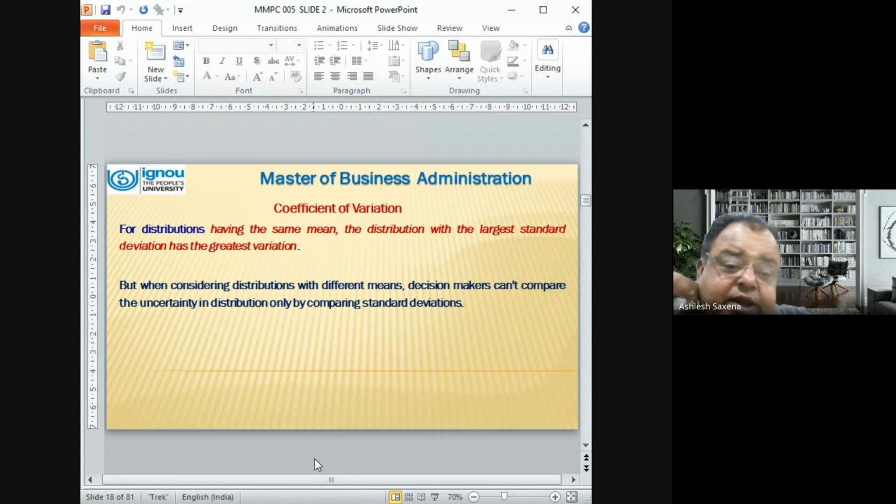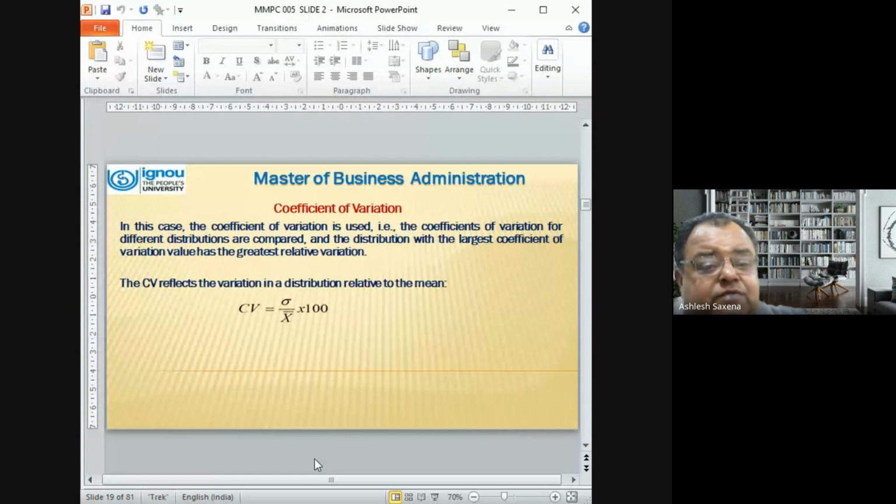But when considering distributions with different means, decision makers cannot compare the uncertainty in distribution only by comparing the standard deviations. In the earlier case, mean was same. Now, in the other case, the mean is not the same. That means decision maker has the problem of getting to the conclusion. Then what to do? In this case, the coefficient of variation is used.